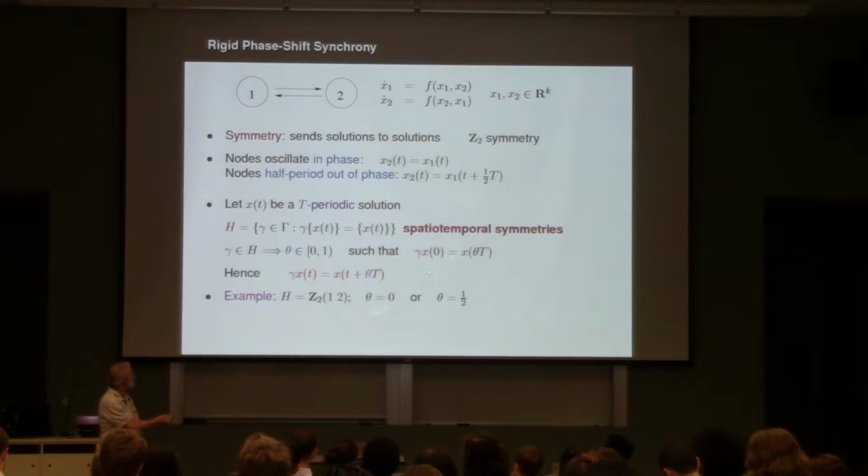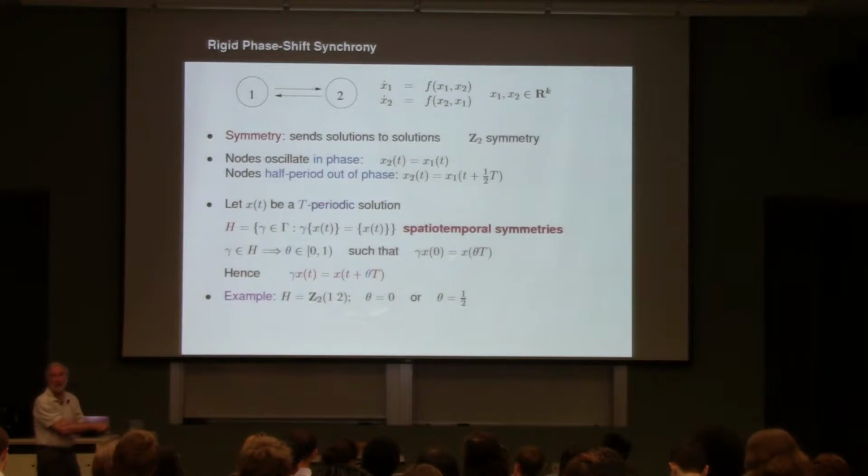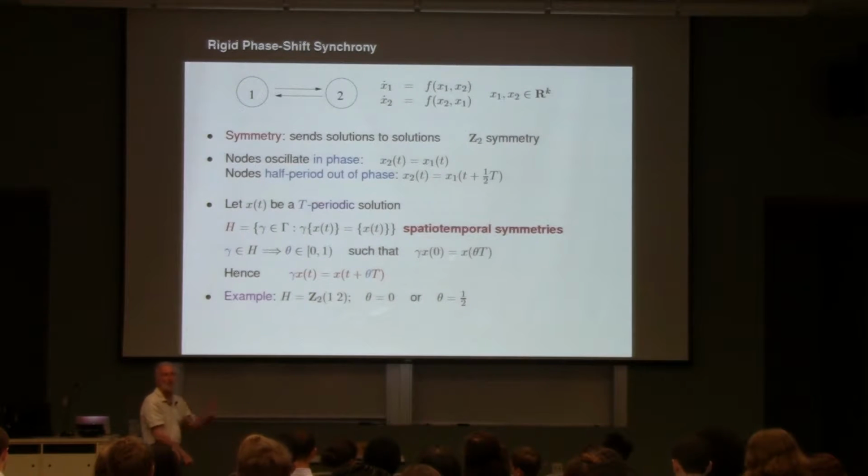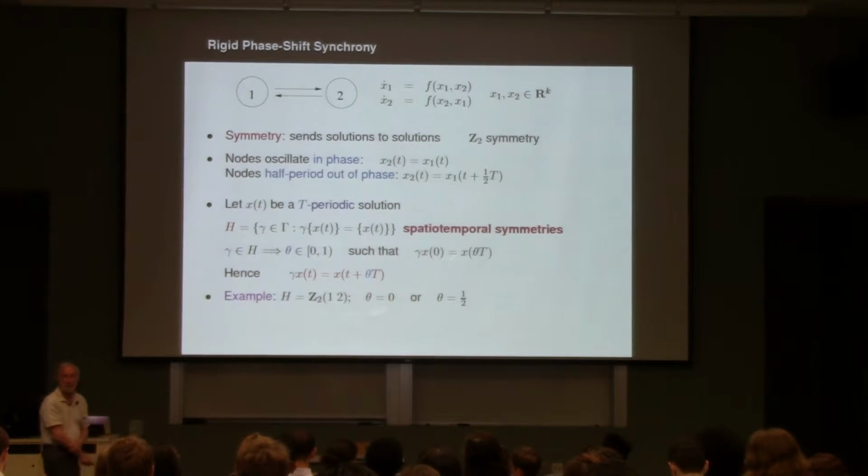Therefore, theta must be congruent to 0 mod 1/2. It's either 0 or a half. If it's 0, you get the synchronous solution. If it's a half, you get this half period out of phase solution. So a very little bit of symmetry added to differential equations helps. It helps if you know behind all of this is the uniqueness theorem for differential equations that makes this work.